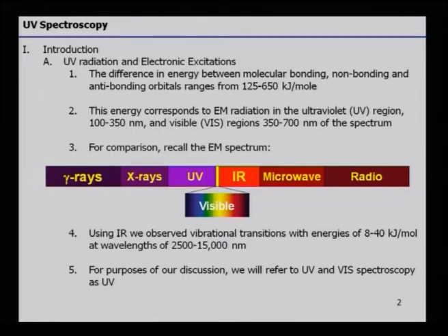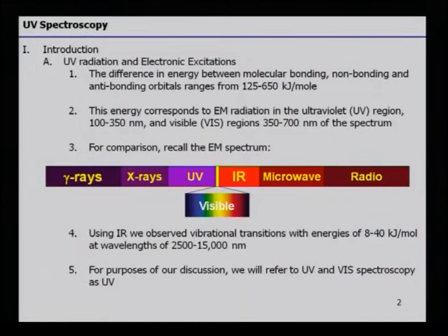Using IR, we observe vibrational transitions with very low energy content, only 8 to 40 kilojoule per mole, at wavelengths between 2500 to 15,000 nanometer, or in IR we actually express it in inverse centimeters. In comparison, the UV-visible region has 125 to 650 kilojoule per mole.